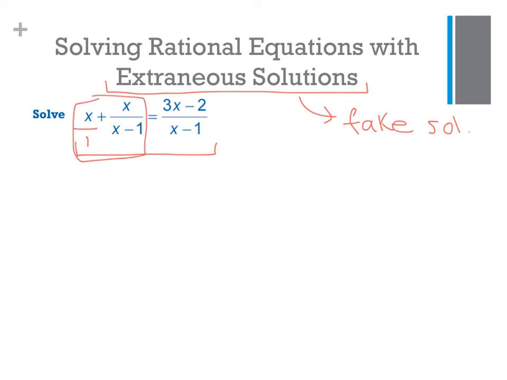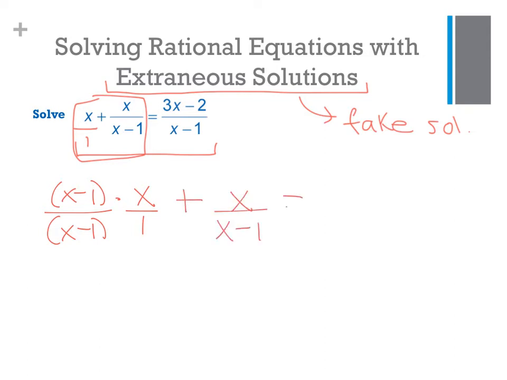In order to get a common denominator between these two fractions, I need to multiply the first fraction by x minus 1 so that this fraction ends up with a denominator of x minus 1 on bottom. So I'm going to multiply x minus 1 over x minus 1 times x over 1 plus x over x minus 1 equals 3x minus 2 over x minus 1.